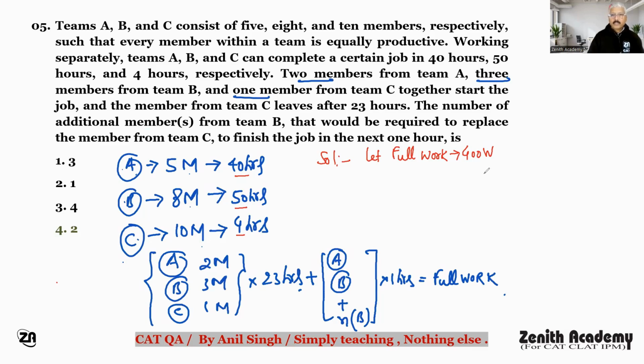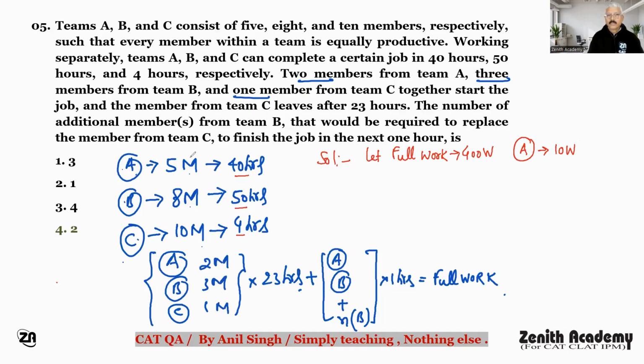This 400 work, team A finished in 40 hours. Means team A every hour does 10 work. 10 work into 40 is 400 work.